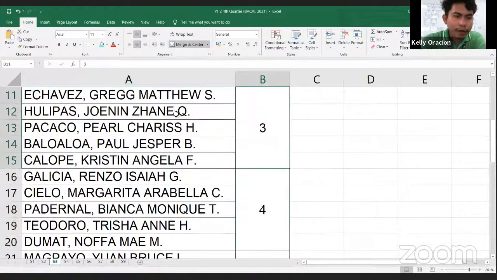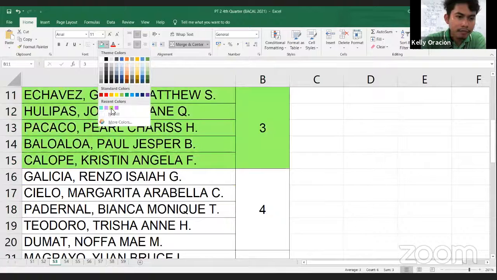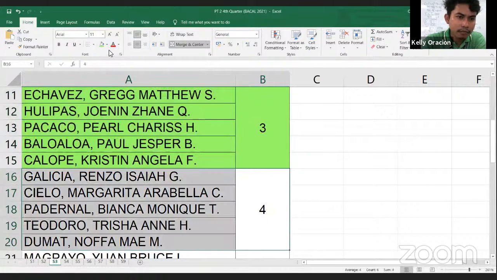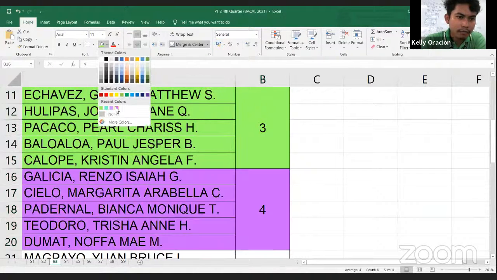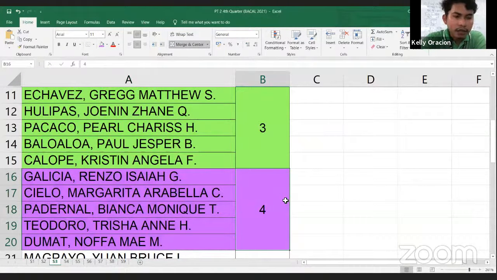Group 3 and group 4. Okay. Take note of the groups.